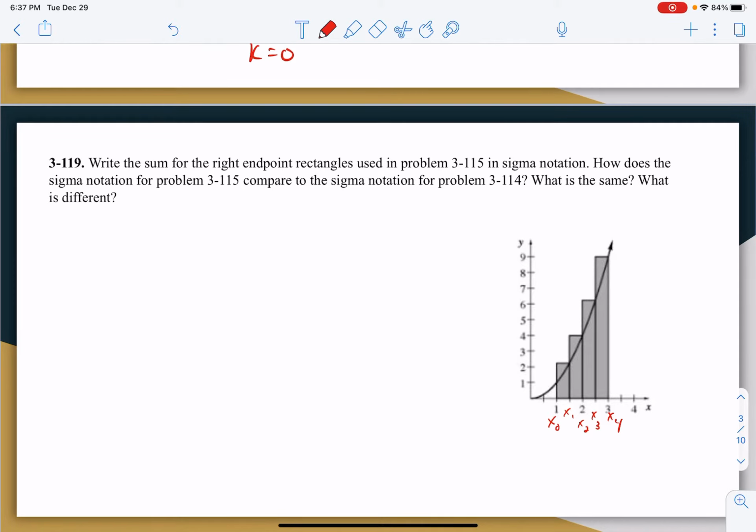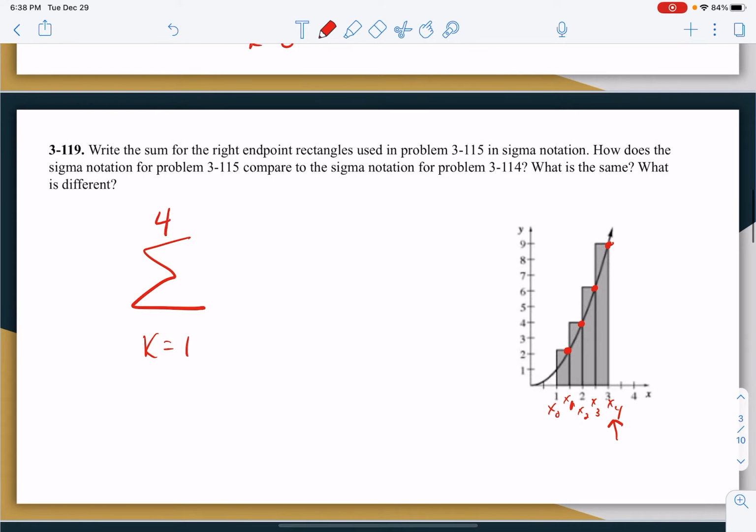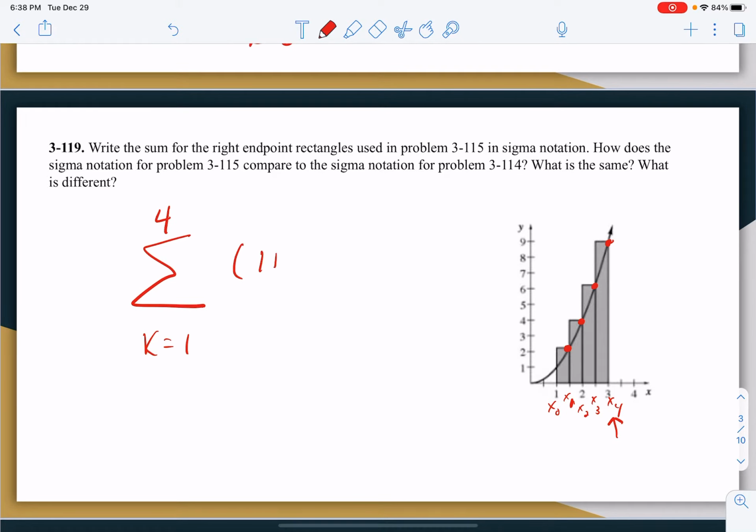But now look at where my curve hits my right endpoint on my rectangle: at x sub 1, at x sub 2, at x sub 3, and at x sub 4. So now if I'm going to write it in sigma notation, my k values start at 1 and go to 4. My height is the same, and the width is still 0.5.